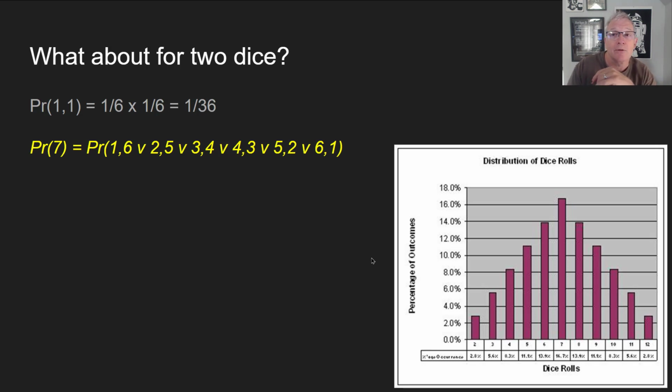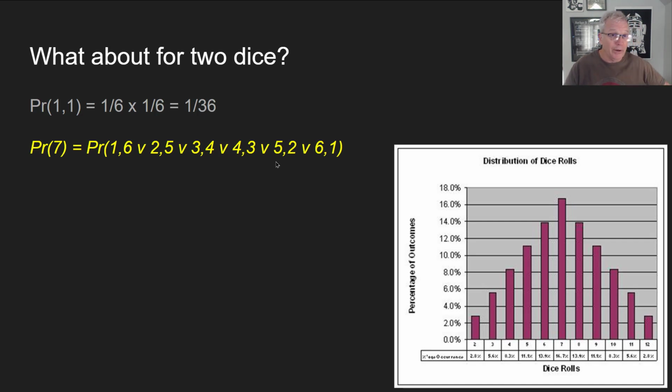Now, look at all of those options for a second and think about why I repeated 1 and 6 and 6 and 1. Think of it this way. Imagine I've got 2 dice. We don't usually think about them as being separate when you roll 2 dice, but imagine we label them A and B. If I roll 2 dice, there are actually 2 ways that I can get 6 and 1 come up.